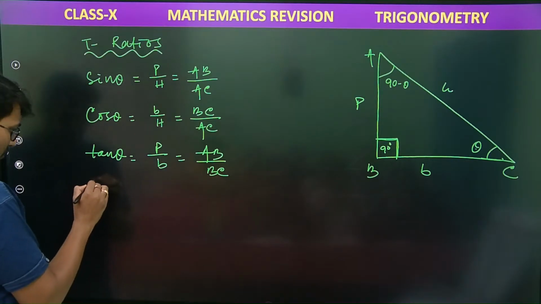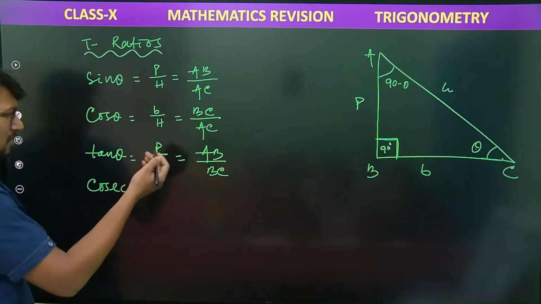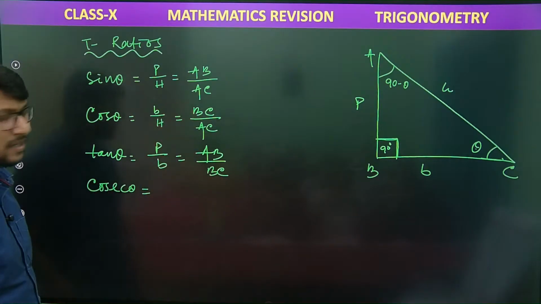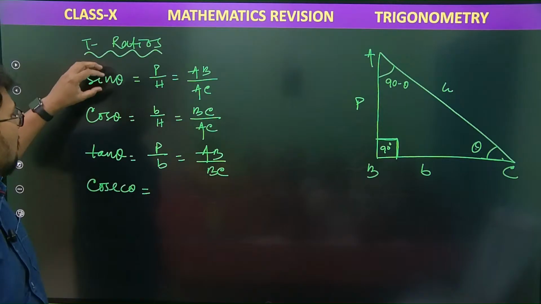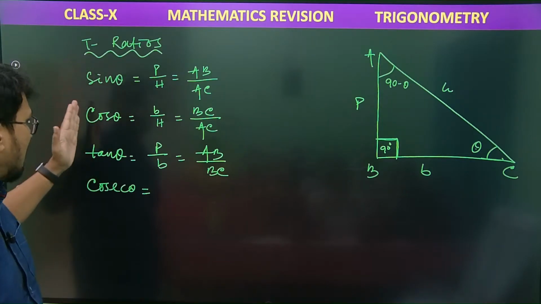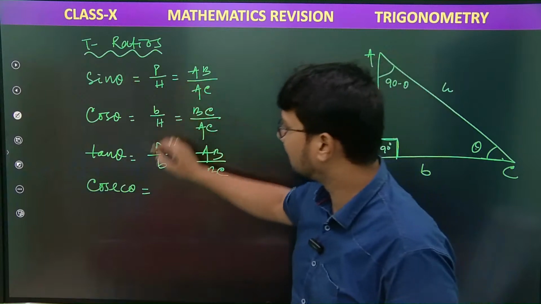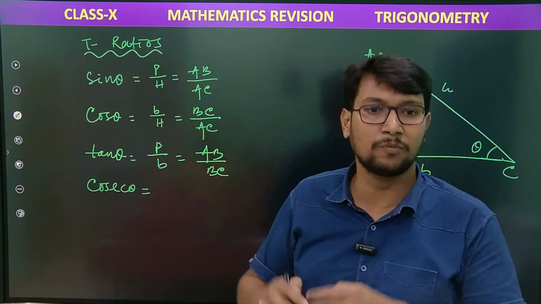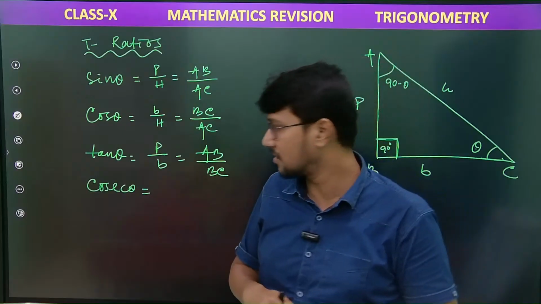Follow. Cosec, sec and cot. Cosec theta is the reciprocal of sine theta. Though you know sine, cos, tan, the reciprocal of sine is cosec theta. We have studied the reciprocal relation, and we will also study it here.